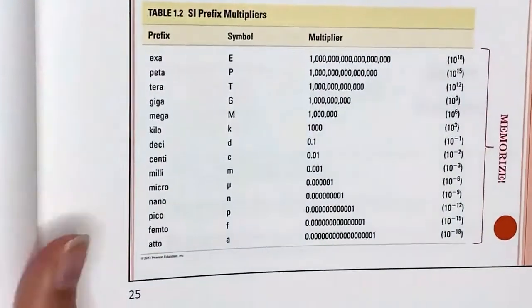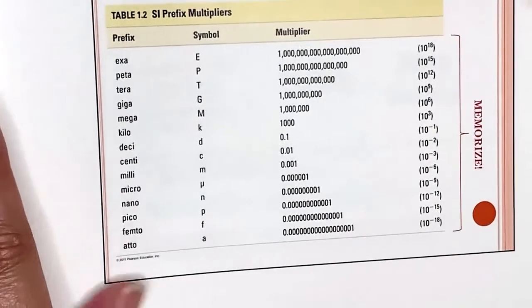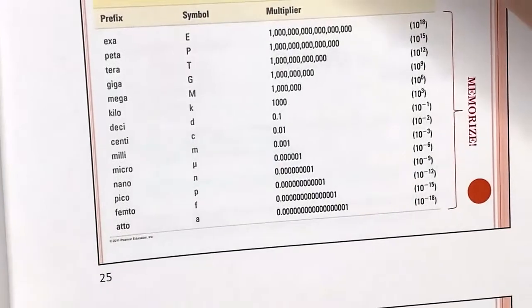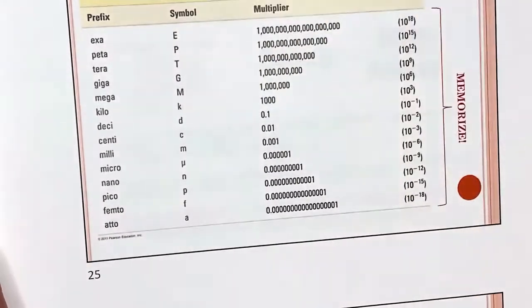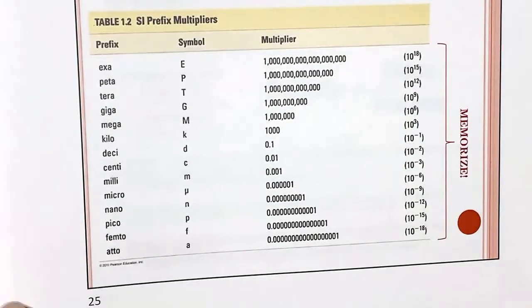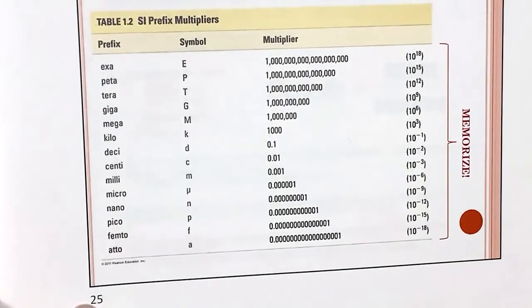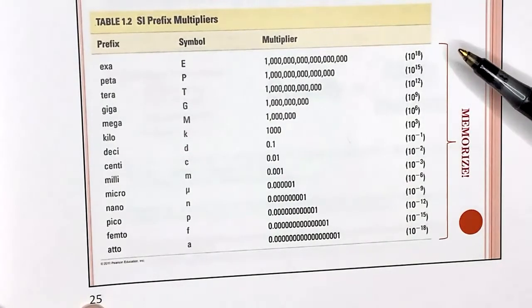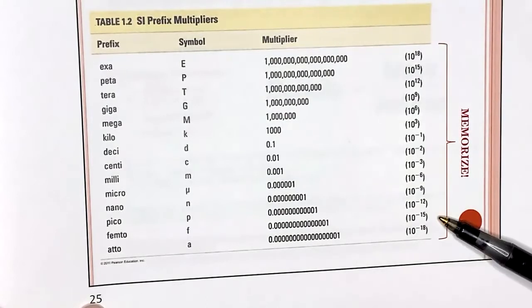Now, this next slide here, I want everyone to memorize this, okay? You need to know some common ones, and the rest will not be as common, but definitely try to memorize this. Try to start making flashcards and memorizing these prefixes and what they stand for. So I'm going to show you what it looks like.